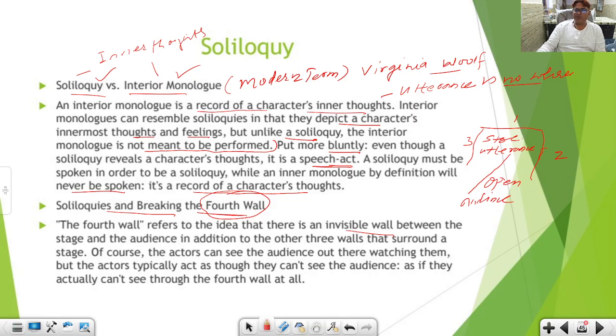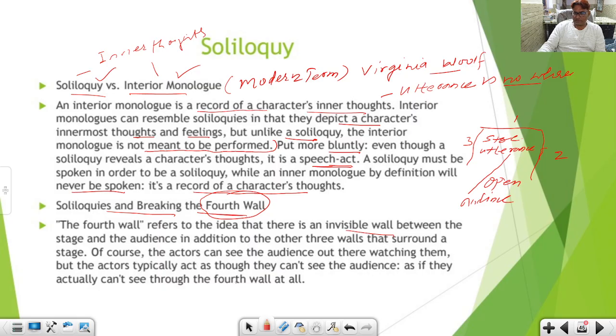I have already told you this is a kind of invisible wall. Of course, the actors can see the audience out there watching them, but the actors typically act as though they can't see the audience, as if they can't see through the fourth wall.